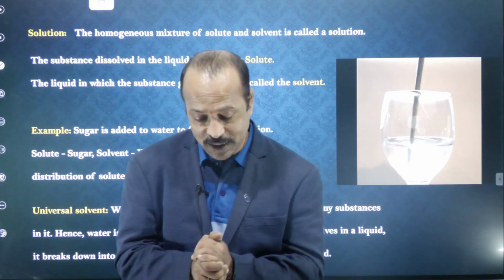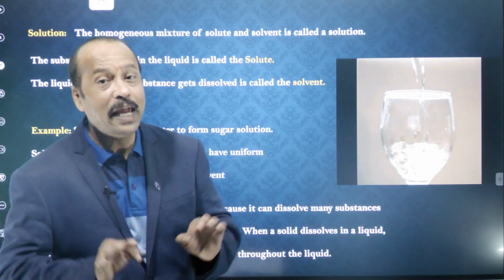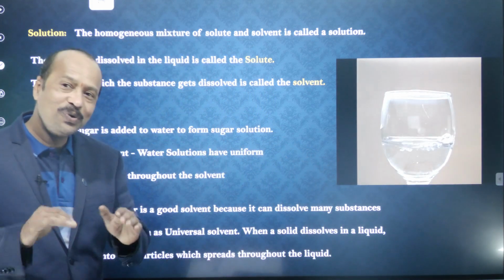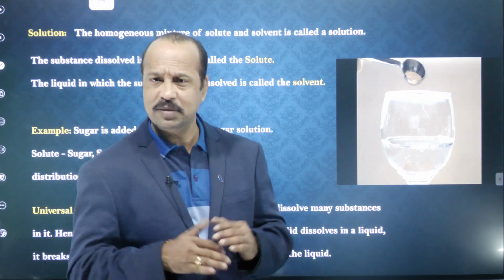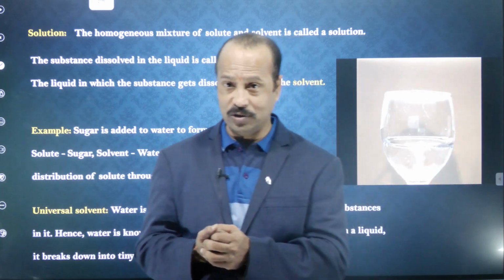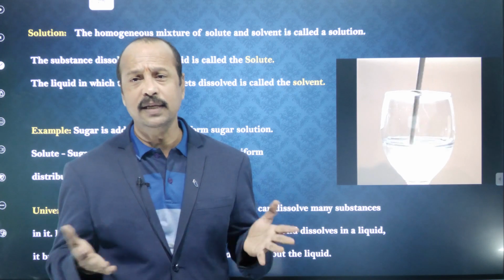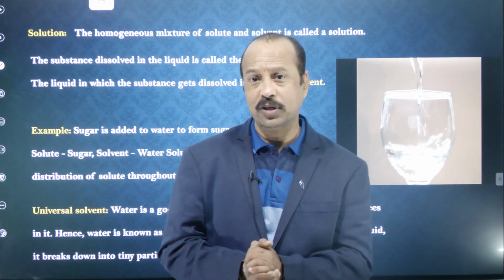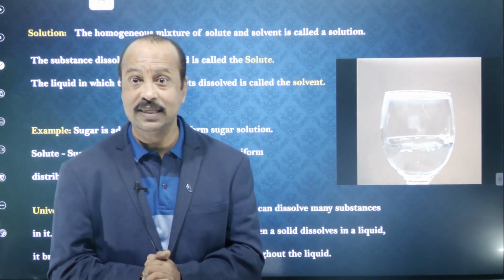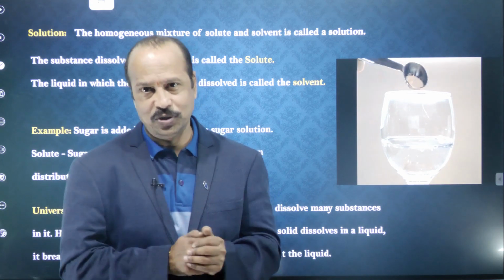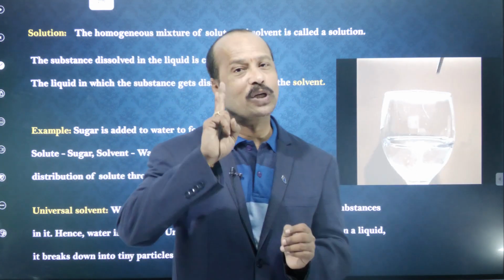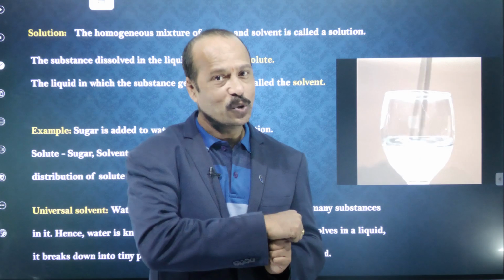So a solution can be defined as a homogeneous mixture of two or more substances. Sometimes there will be two, sometimes more. But generally in chemistry we discuss binary solutions. Binary means only two.